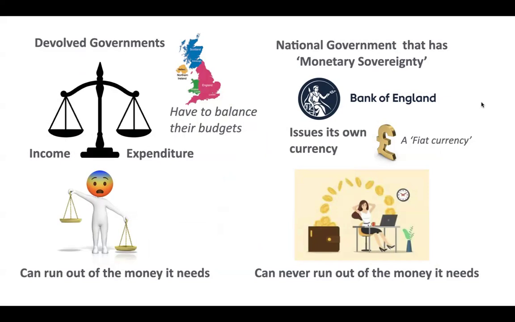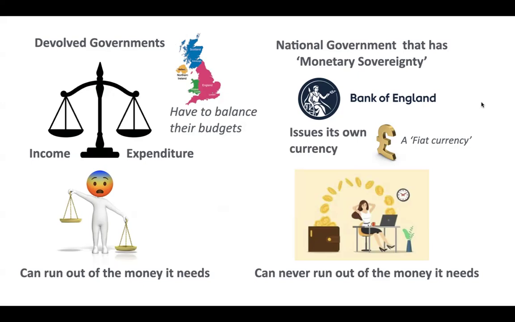I don't know if they can raise their own taxes. They probably can in some way. But also in Europe, for the devolved governments in the Eurozone, there's a certain amount of limitation of freedom when you are not the one that has monetary sovereignty.